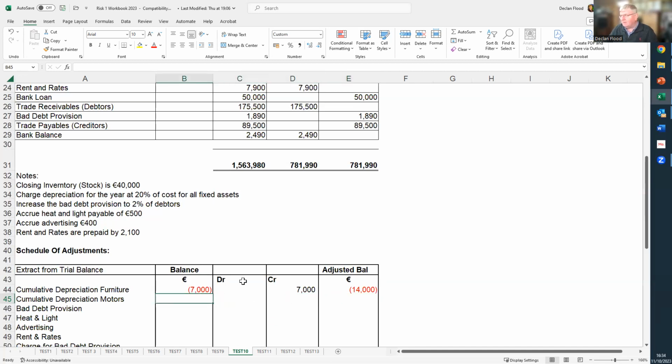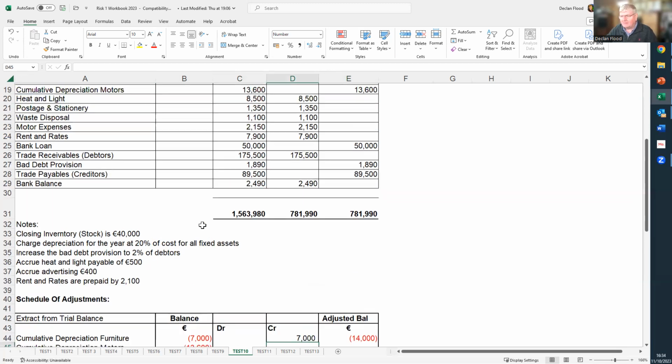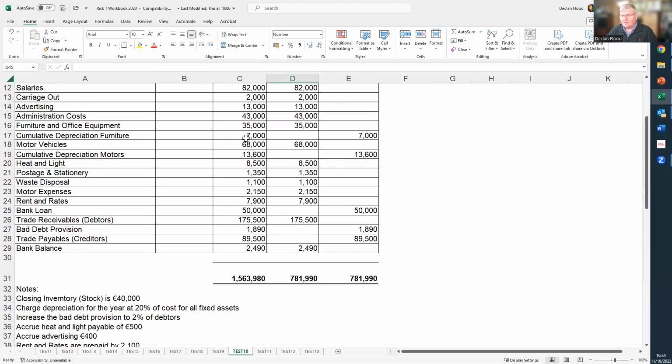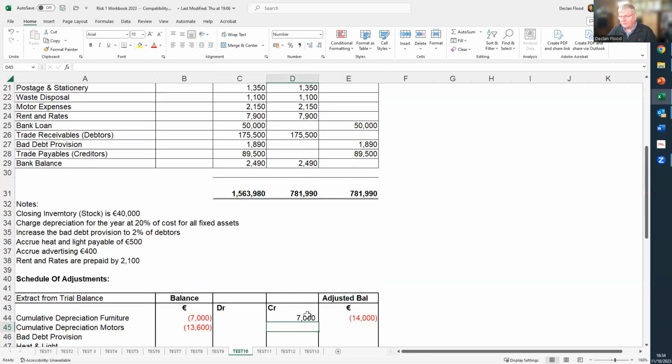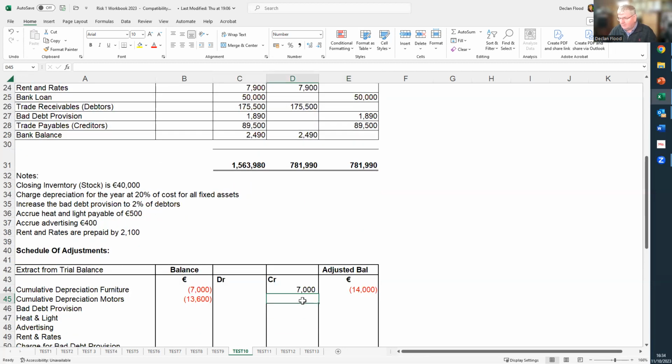Okay. Similarly, on the motors, it was 13,600. Sorry, I'll put that in as a minus because it's depreciation. So there's your 13,600. We have to depreciate 20% on cost, and 20% on cost is another 13,600.